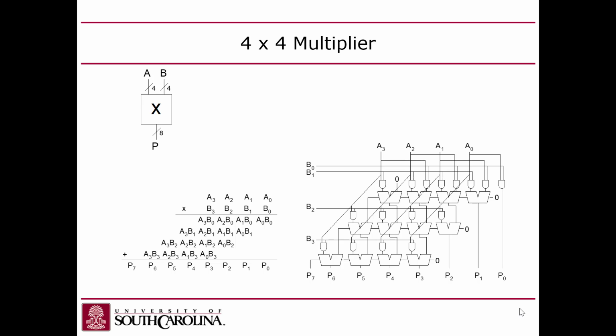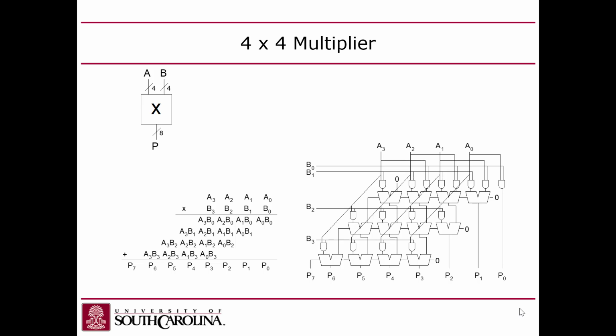The next bit is going to have 3 adders in parallel, because you can see here there's 4 things you have to add, so you need 3 adders to add 4 bits together. With me?